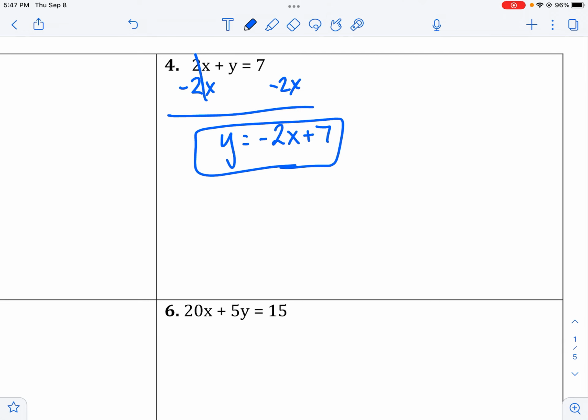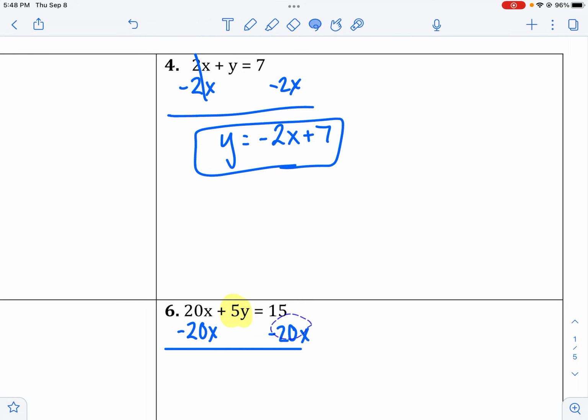And on number 6, I need to get the 5y by itself. I'm trying to isolate that variable. So let me undo a positive 20x. Well, look at what operation we're doing. We're doing addition. So I need to do the opposite. I see positive 20x. I need to subtract 20x. Just another quick reminder that we cannot combine a 15 and a 20x.